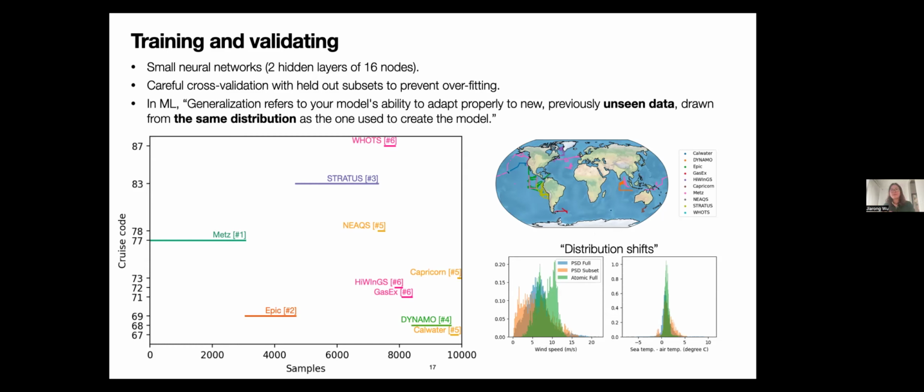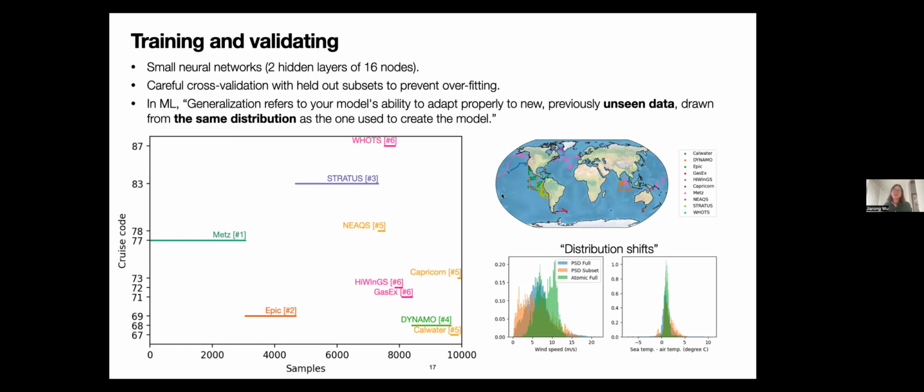Really, we're also faced with a pretty hard task, in the sense that in machine learning jargon, the word generalization usually refers to your model's ability to adapt to new unseen data, but drawn from the same distribution as the one used in training.